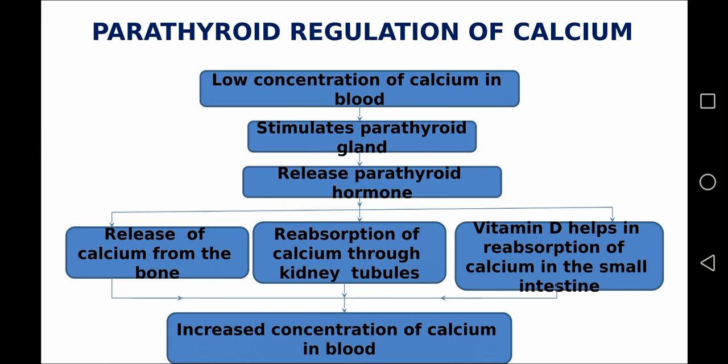This parathormone stimulates the release of calcium from the bone, and with the help of vitamin D, calcium reabsorption in the small intestine and calcium reabsorption in the kidney tubules. The increased extracellular fluid calcium concentration results in decreased secretion of parathormone and gradual loss of excess calcium.